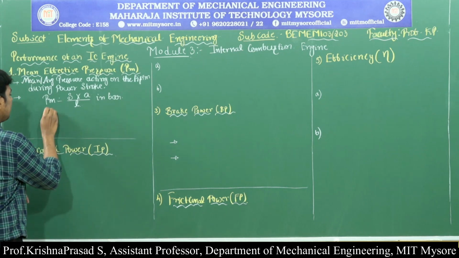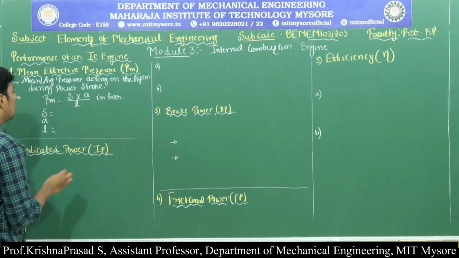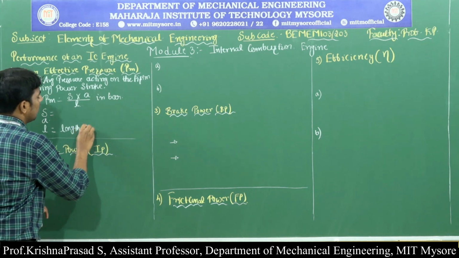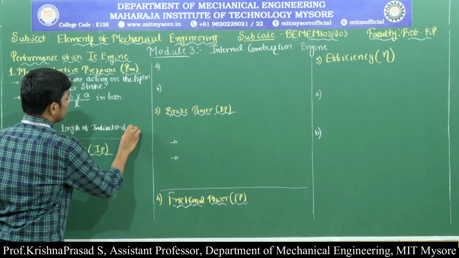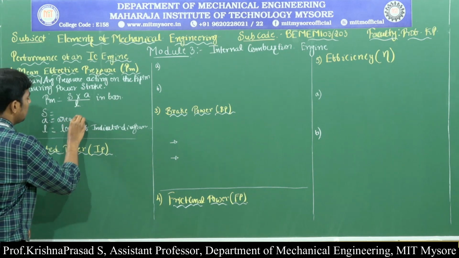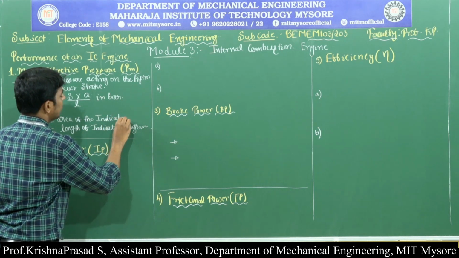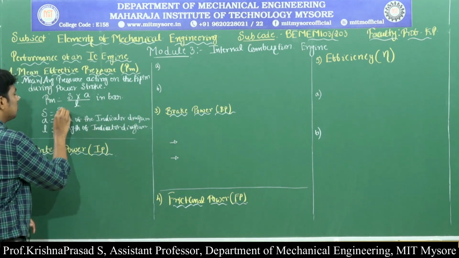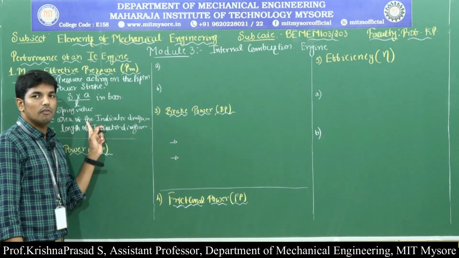Here, what is meant by S, what is meant by A and what is meant by L? Here L is the length of the indicator diagram, A is the area of the indicator diagram, and S is the spring value of the spring used in the indicator diagram.